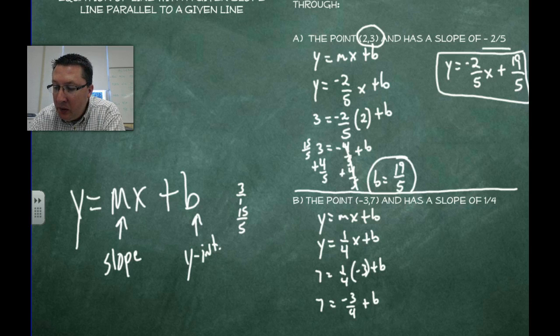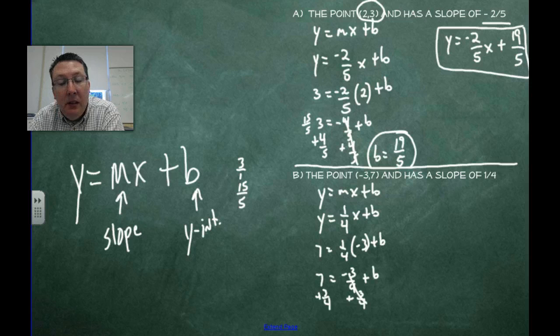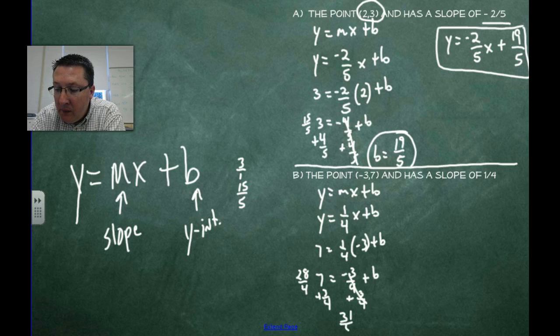And now I'm going to add 3/4 to the other side. So 7 plus 3/4. 7 with the common denominator would be 28/4, plus 3/4 gives me 31/4 is b.